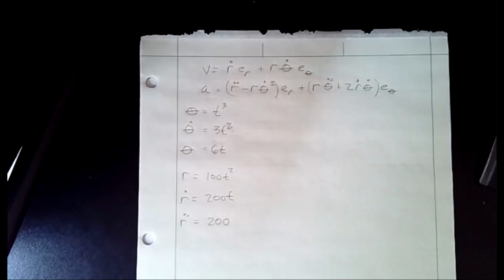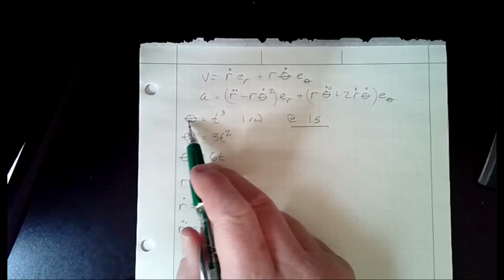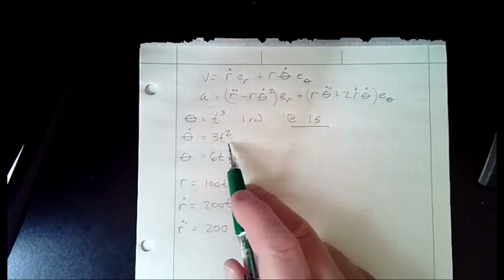So now at 1 second, we can figure out what all these are. We know that at 1 second, theta is going to be 1 radian, because that's what the units are for theta. We know that theta dot is going to be in radians per second, so if we substitute in 1 second, that's just going to be 3 radians per second. And theta double dot is just going to be 6 radians per second squared.